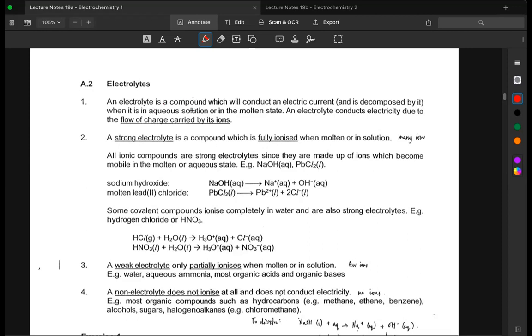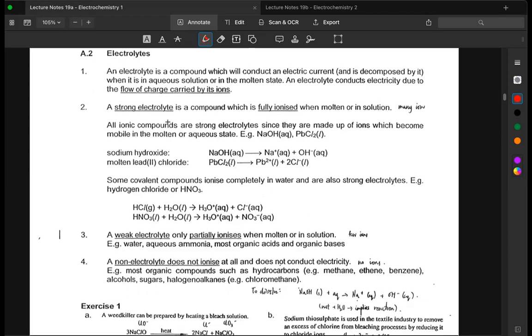In general, we use ionic compounds because in aqueous and molten state, the ions will be free to move around to act as mobile charge carriers. So the ions can move to the various electrodes and have their redox reactions taking place there. So an electrolyte can conduct electricity due to the free moving ions that carry charges.